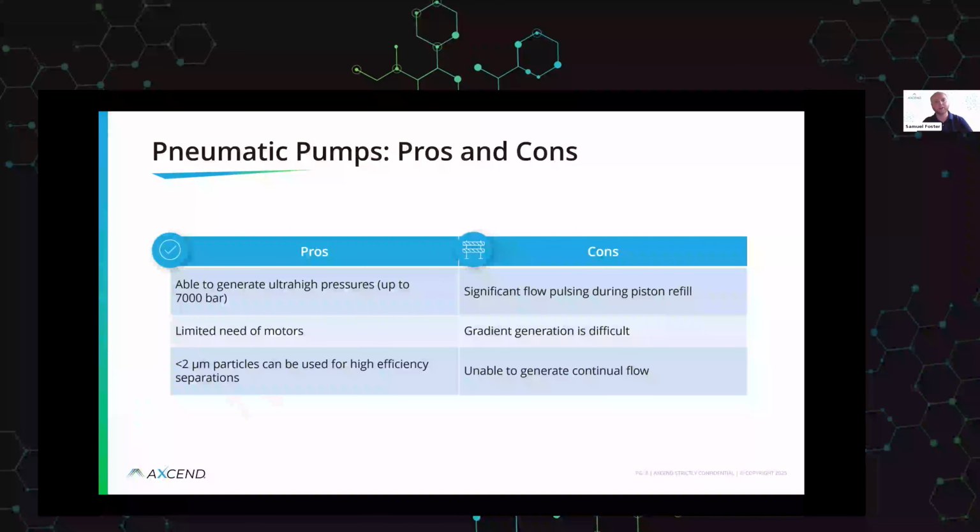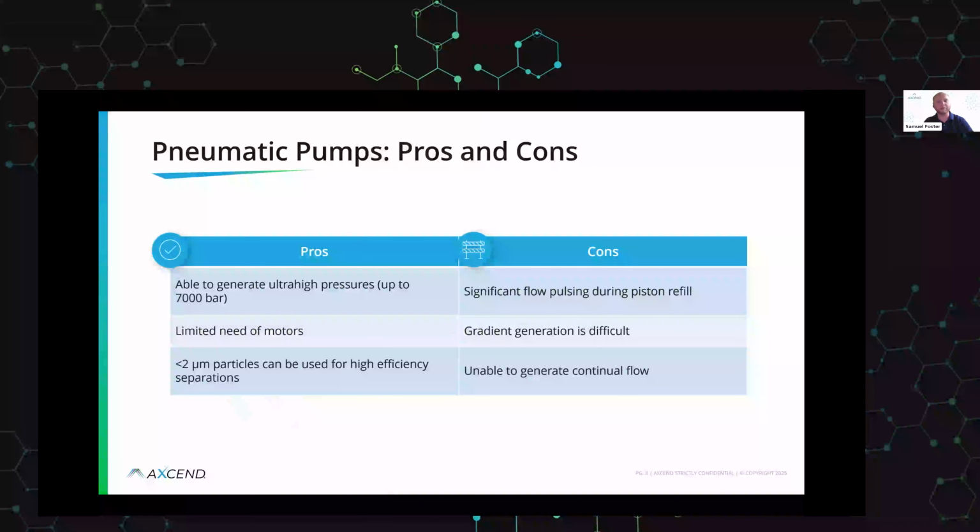So what are the pros and cons of pneumatic-based pumps? Well, first and foremost, and really their big claim to fame, is they can generate ultra high pressures. Up to 7,000 bar is common. Typically, they use a 1,000-to-1 pneumatic amplification ratio, so you're able to generate these pressures without a ton of need for gas. Additionally, because they don't use motors, it's just gas, you don't have as many parts that can break.